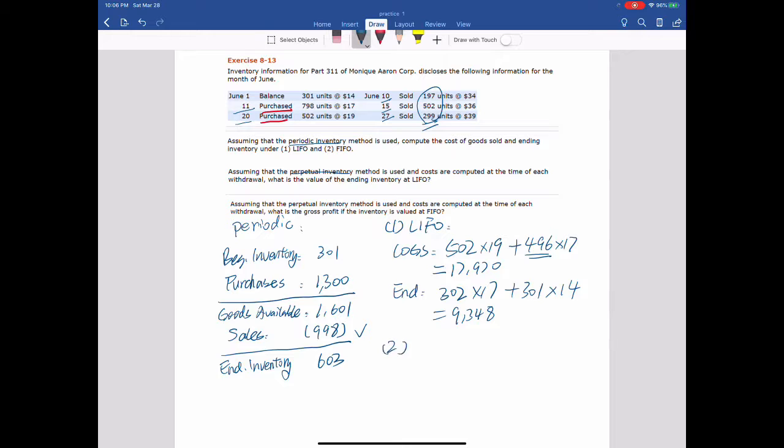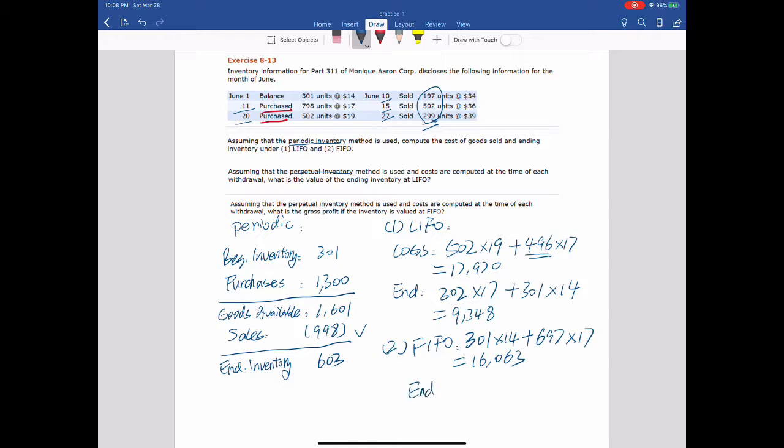Next one is FIFO, first in, first out. We are using the periodic inventory method. The total number of units sold is 998. The 301 will go out first. We still need 697, which is from the first purchase. The cost is 17. So the cost of goods sold is 1663.